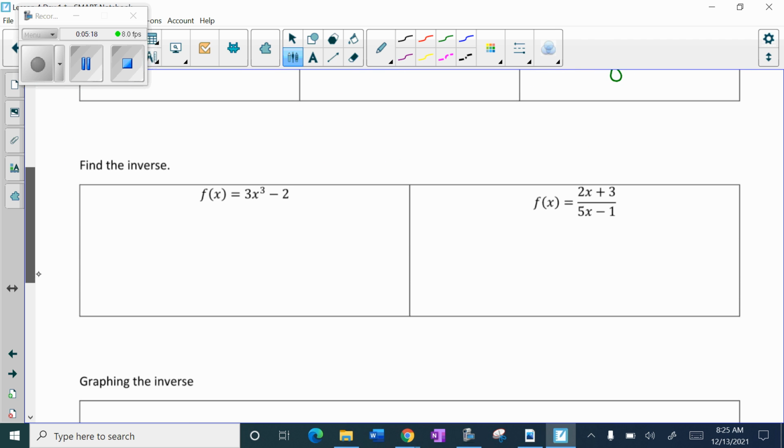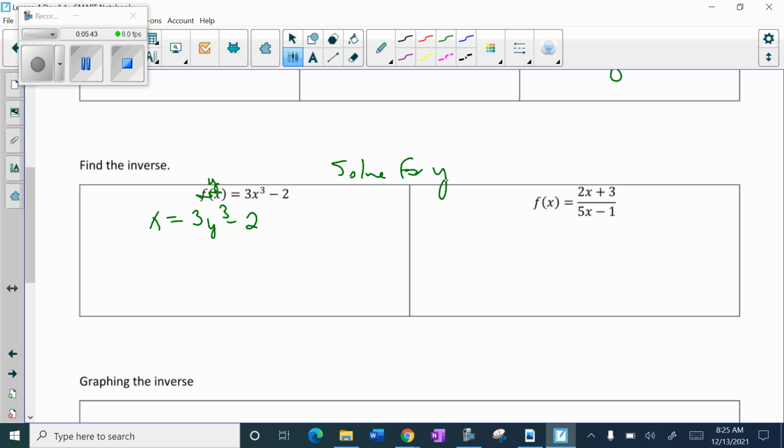Okay, so if we have a function that we're trying to find the inverse of, we're still going to do the same thing. I hope you're hearing a common thing. We're going to flip x and y. So remember, this is like our y. So I'm going to say x equals 3y to the third minus 2, and our goal is to solve for y.